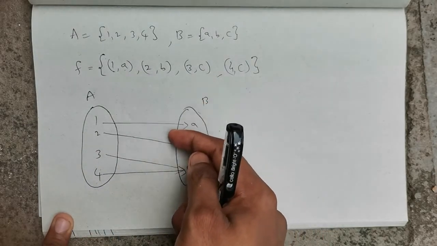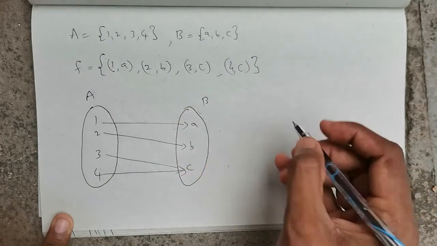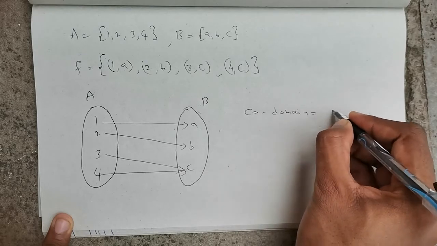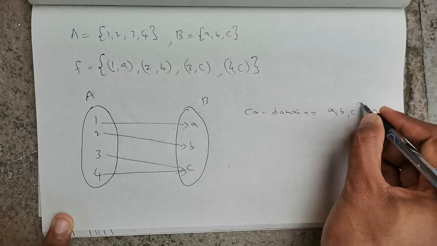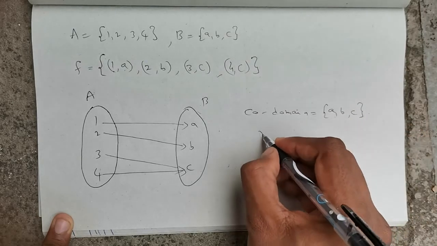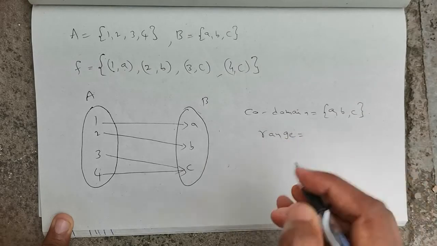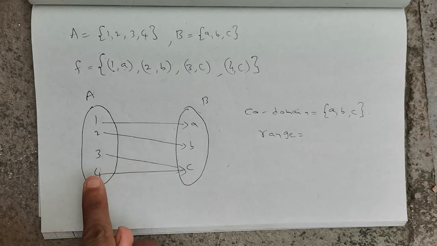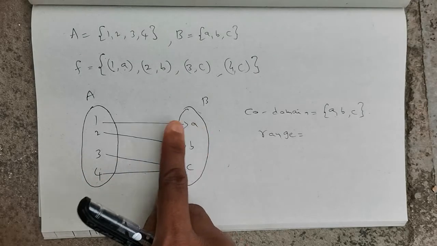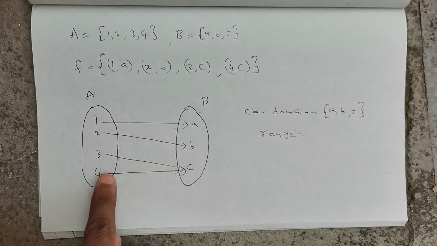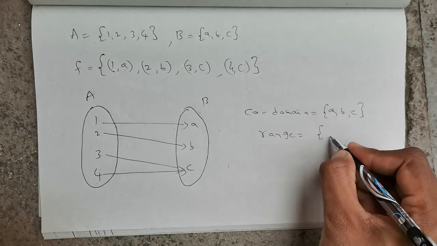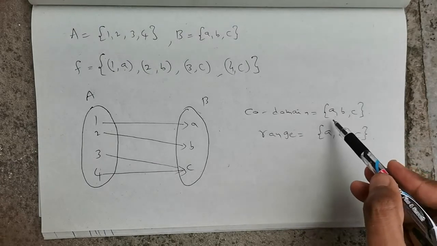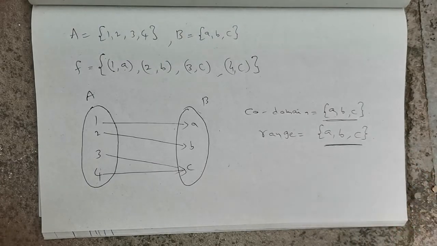Here the codomain is nothing but the total set. So codomain is equals to A, B, C. And range, every element from the set B should have some connection to the set A. A has some connection, B has some connection, C has some connection. So the range is A, B, C. Here codomain is exactly equals to the range.